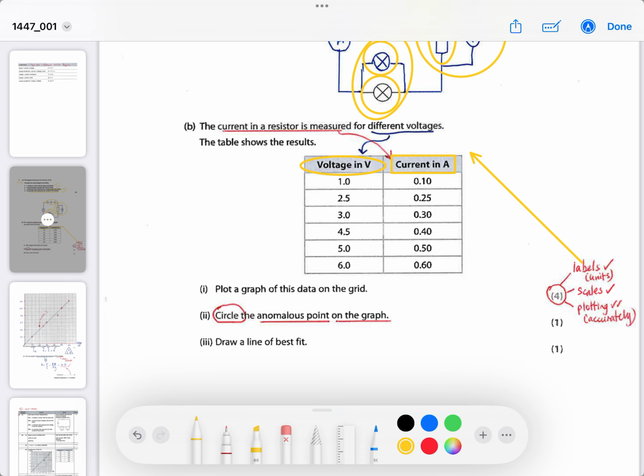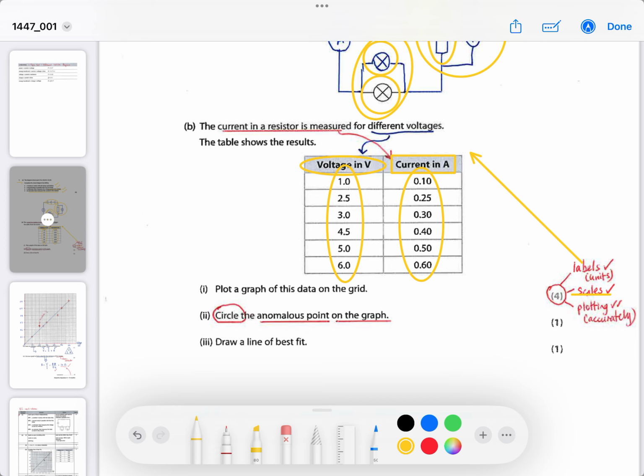Okay, and then the scales, you need to have sensible scales. So you go up, for example, in however many squares you see on your grid for the voltage. You need to get up to 6.0 volts in multiples of 0.5 or 1.0, depending on how many squares you have. And then the current axis is exactly the same, except it goes up to 0.6, so it'll be a tenth of what you do for the voltage axis.